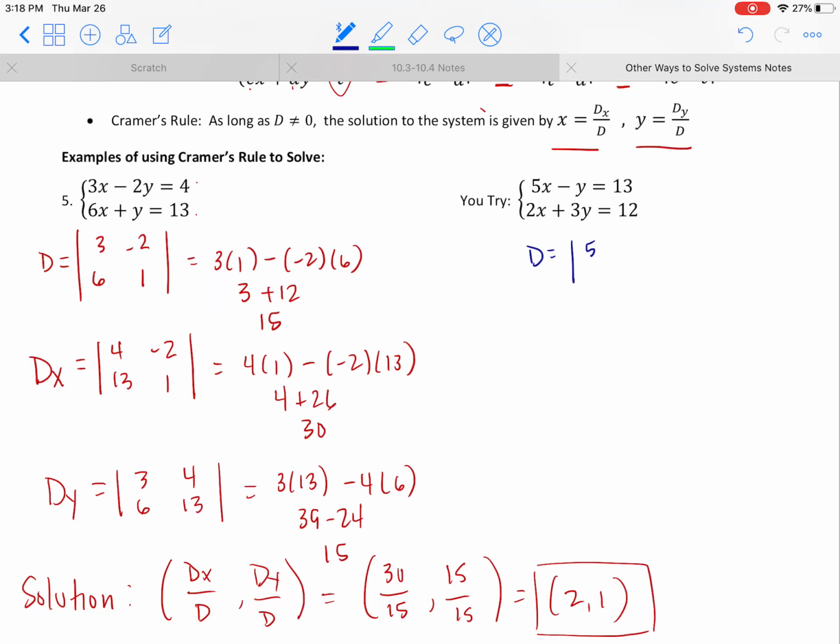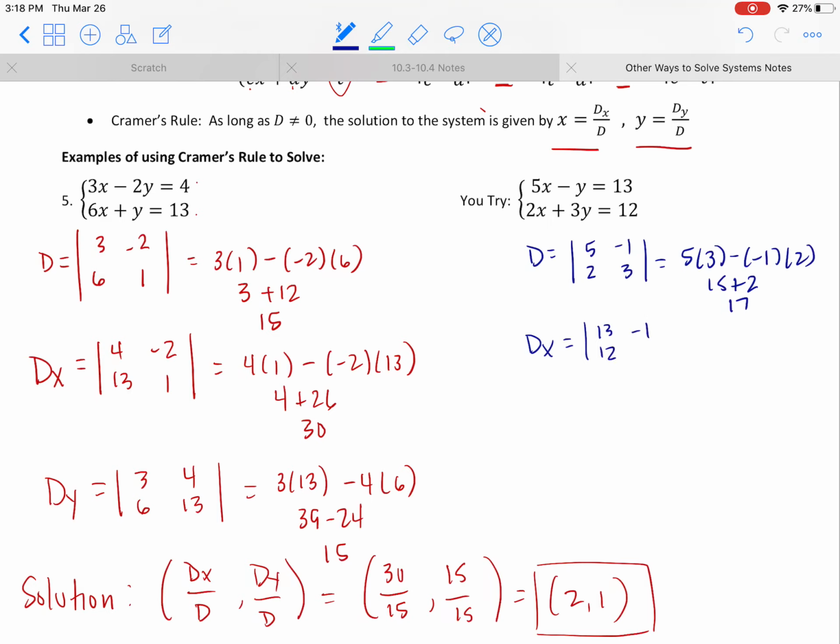This next guy, our determinant for this whole thing is going to be the coefficients. We don't use the constants for the determinant of the system. So 5, 2, negative 1, and 3. That's 5 times 3 minus negative 1 times 2. So 15 plus 2, which is 17. For the determinant for x's, we put the constants in the x column here.